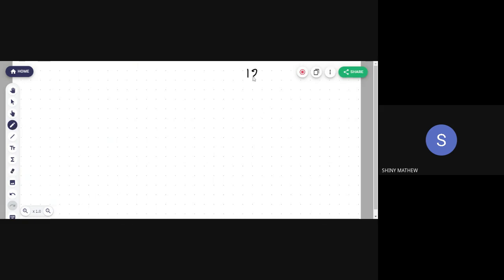There you can see the name of the property, Pythagoras property. Pythagoras was a Greek mathematician, so the property is named after him.